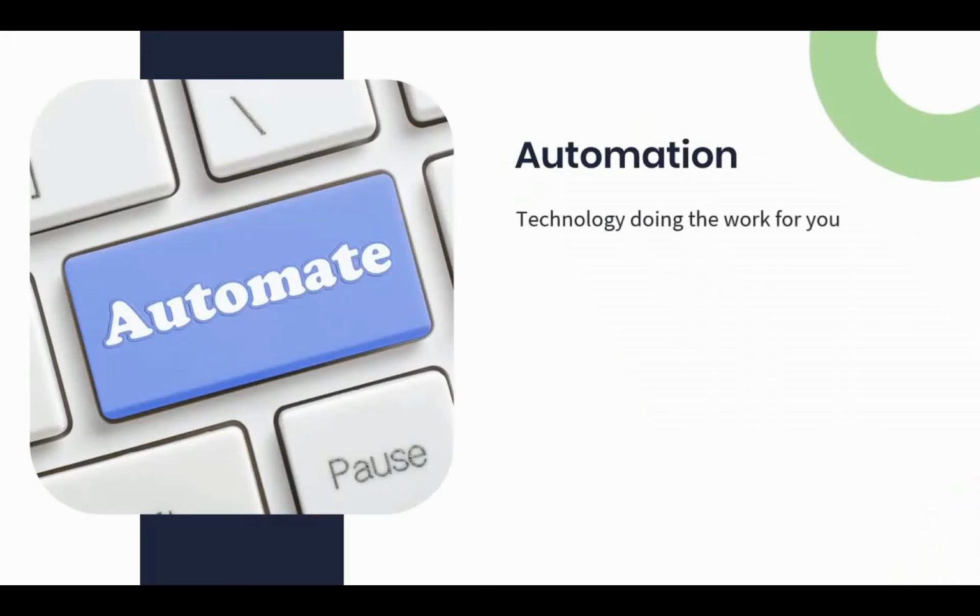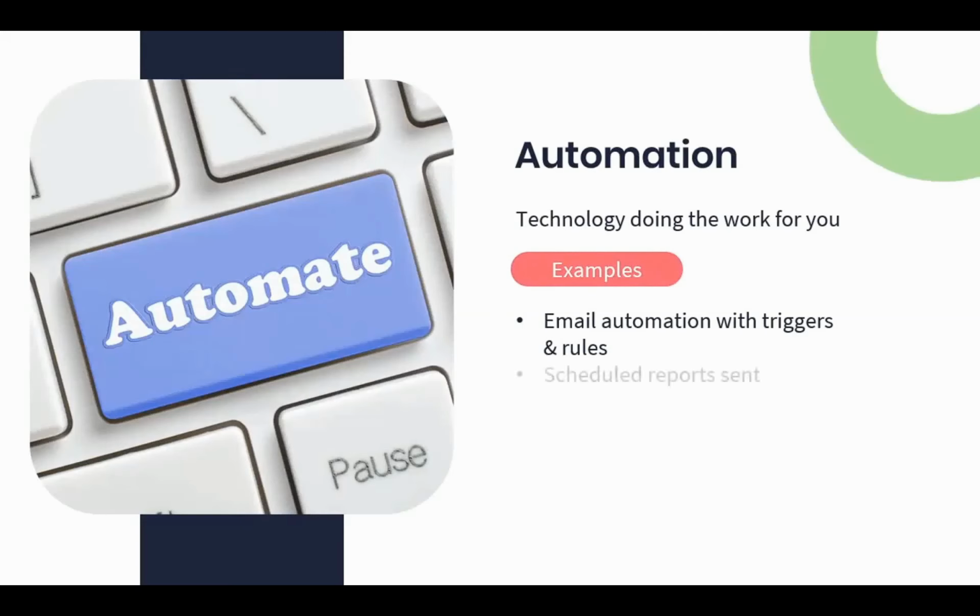If we go through some examples, email automation with triggers and rules. That's not something that you manage manually all the time, is it? You first set it up, but then the automation takes over and makes sure that that always happens. Then there are also scheduled reports that could be sent, whether daily, weekly, monthly, etc. Ad rotation based on performance or rules would also count as automation.